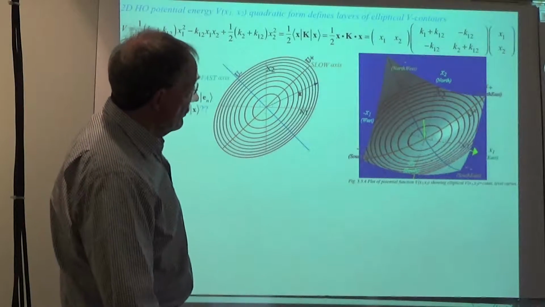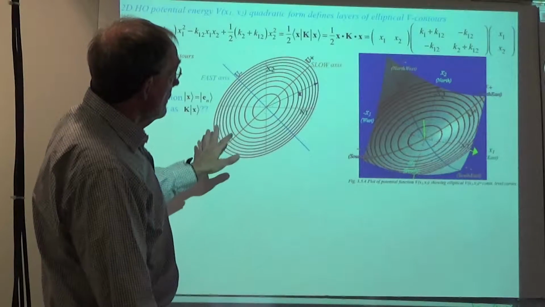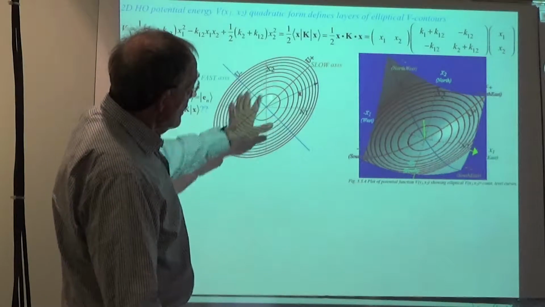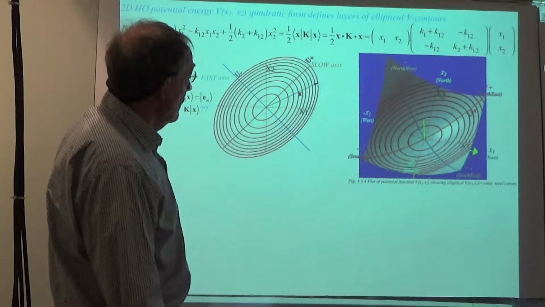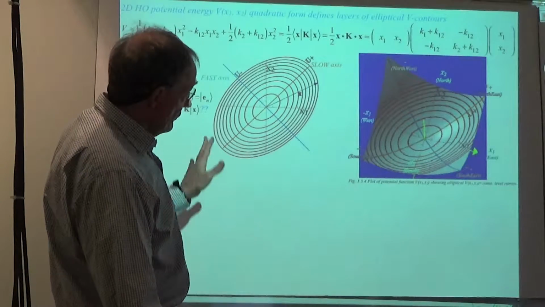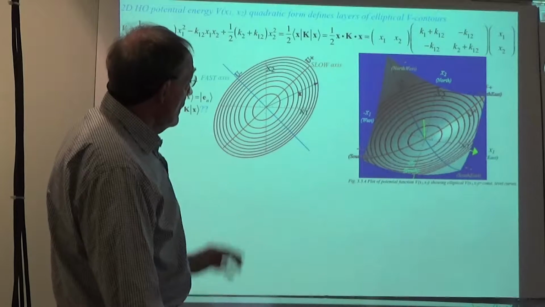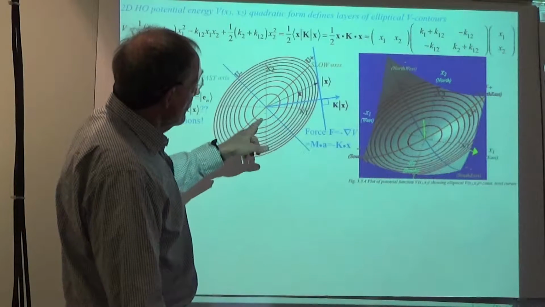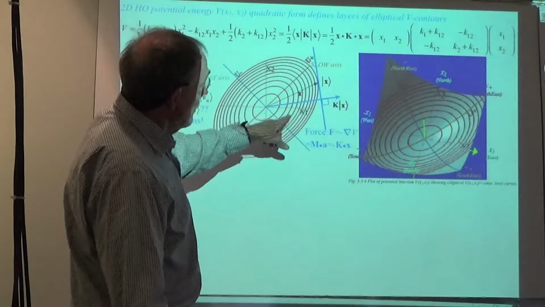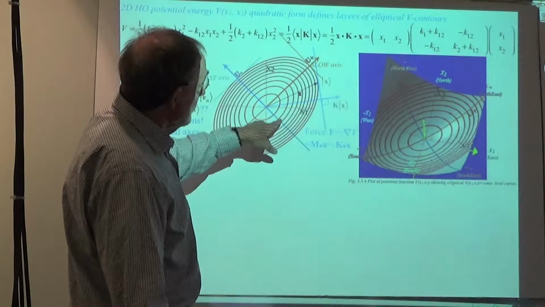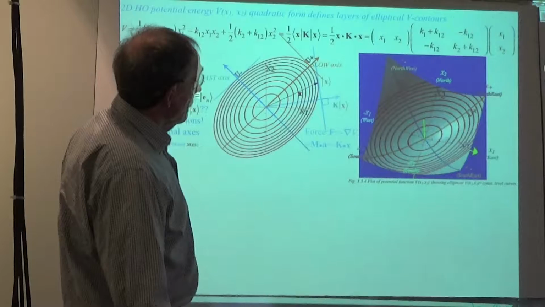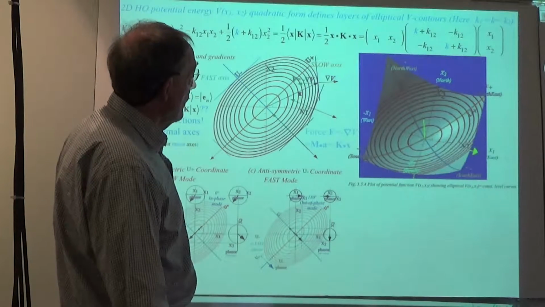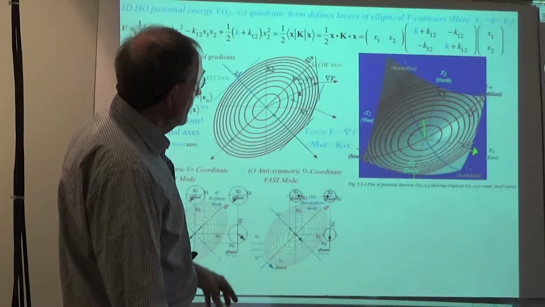And the potential is an elliptical hyperboloid, really, but the contour lines are all elliptical if the oscillator is harmonic. And the eigenvectors are found in between the directions in which the gradient is directed toward the center, where the force is directed toward the center of the oscillator.